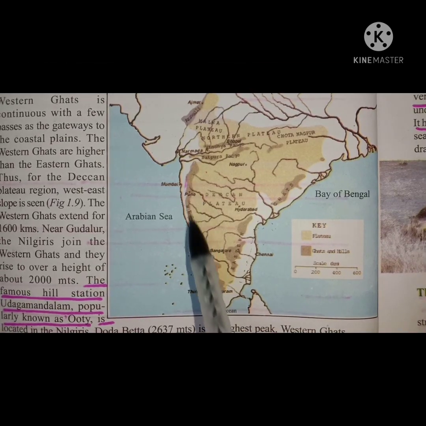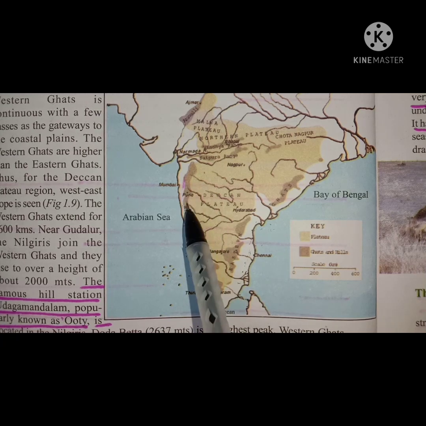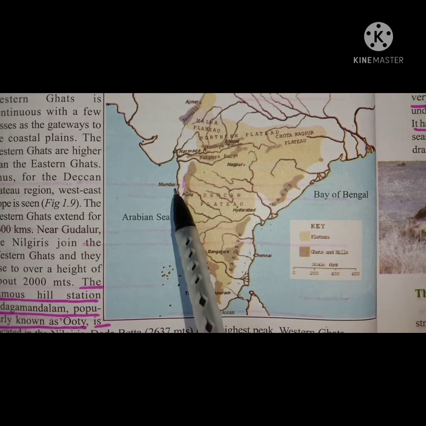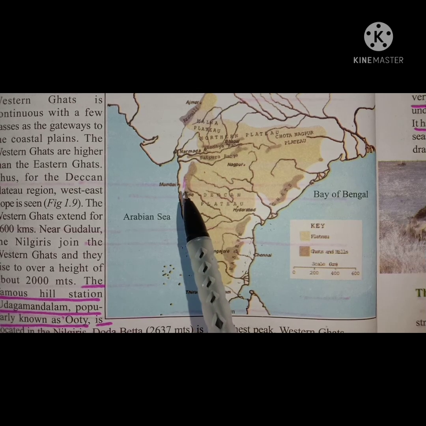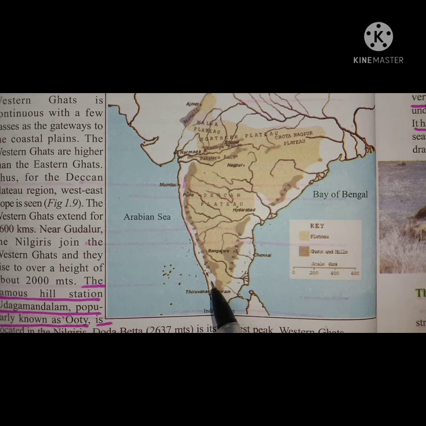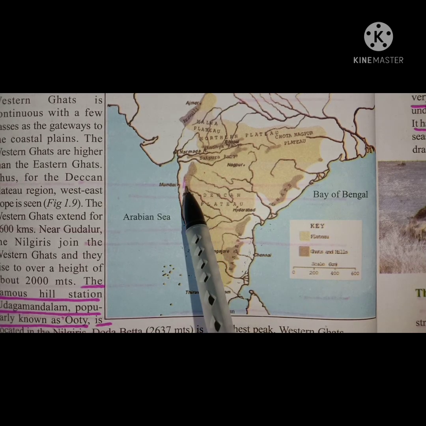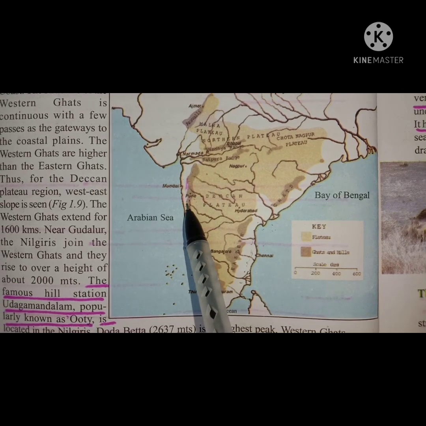Topic, Western Ghats and Eastern Ghats. Western Ghats are parallel to the west coast. The structure of the Western Ghats is continuous, and most of the peninsular rivers originate in the Western Ghats.